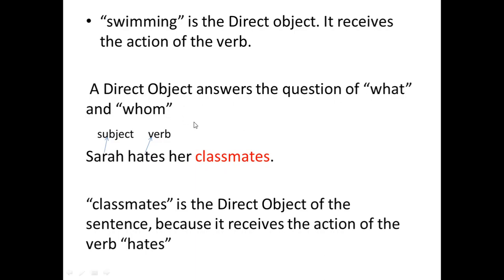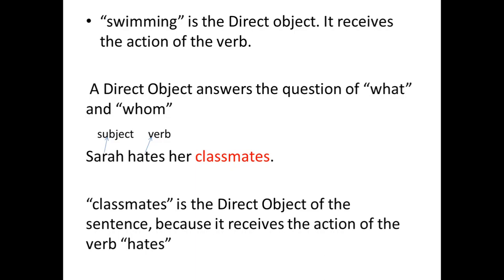We can say, whom does Sarah hate? Or we can say, Sarah hates whom? Because here we are dealing with people. So for people, we have to use whom instead of what. Good.